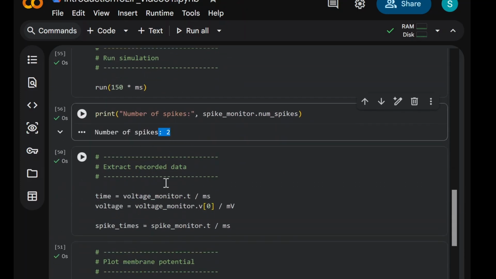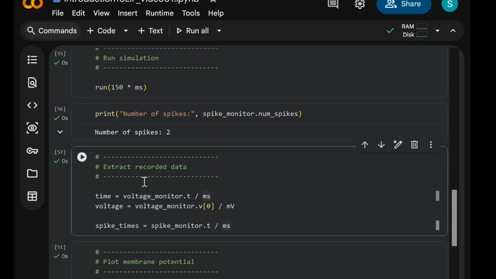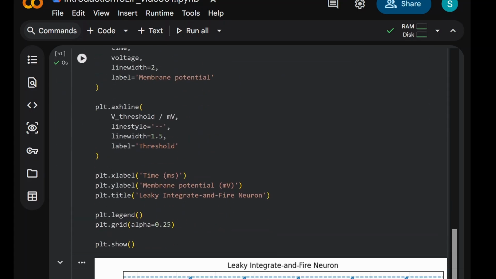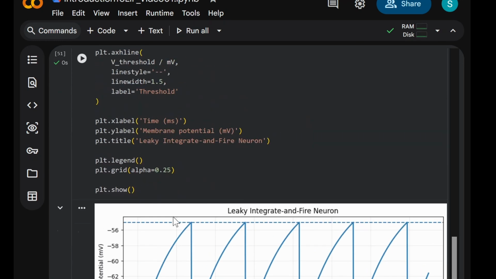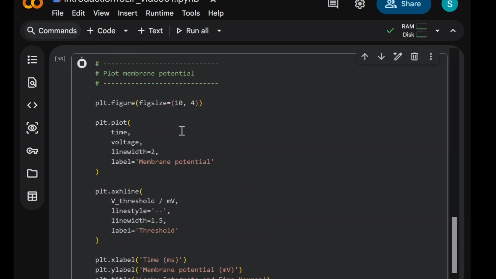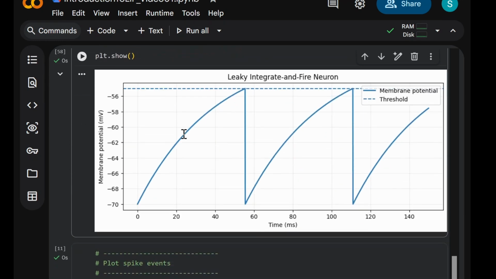So our 5 spikes are reduced to 2. And let's see what happened to 30 milliseconds here. So before our waveform went to about 30 milliseconds and we got a spike.